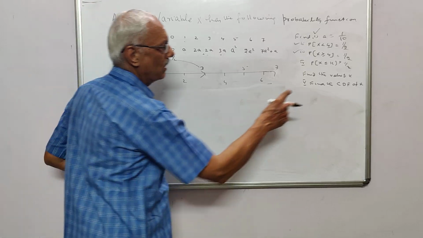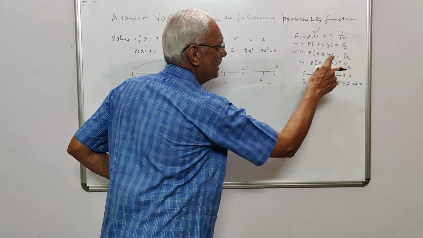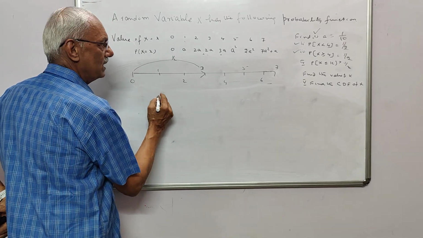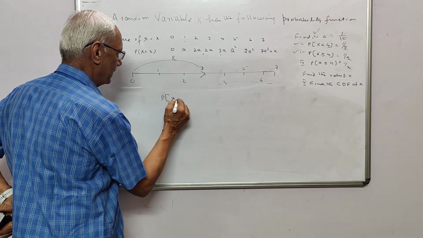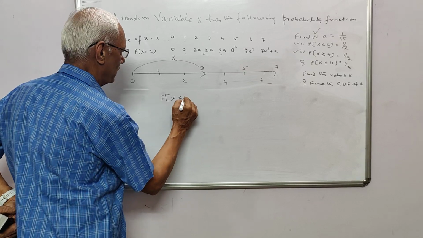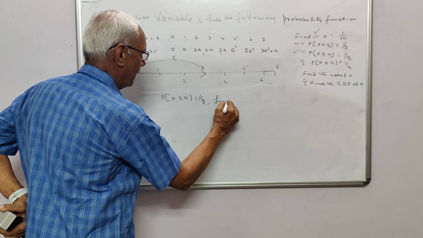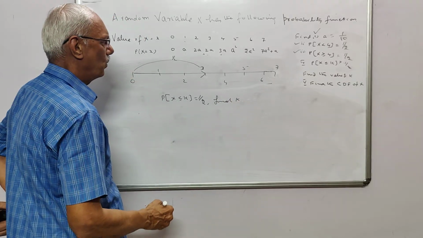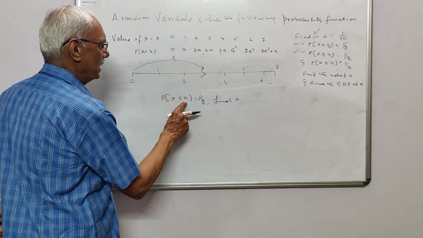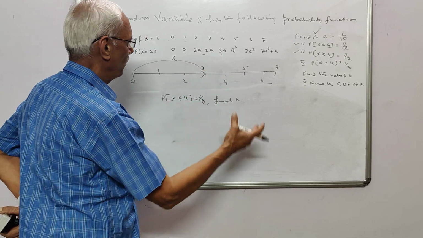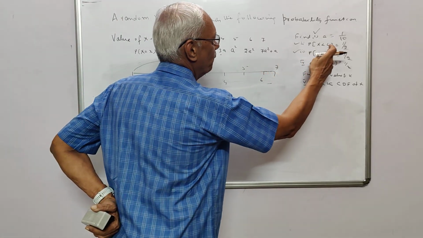The question is, for what value of k this will be greater than half. That means P of x less than or equal to k is equal to half. Find k. Now what will you do here? You will just try numbers here. We have already seen up to 4.